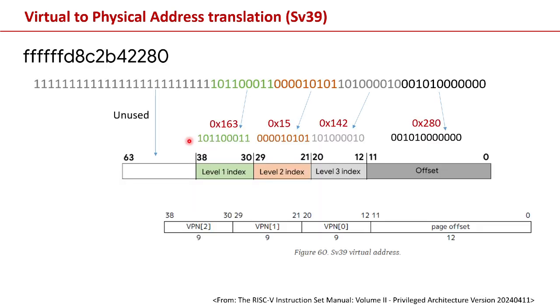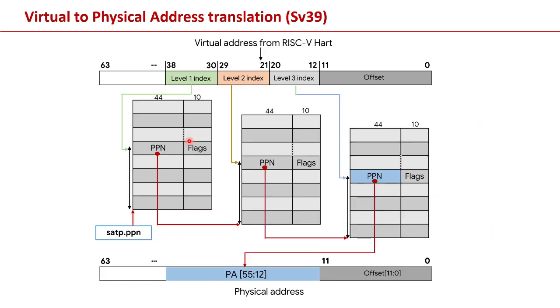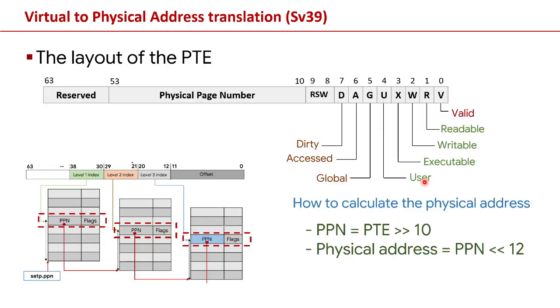So there are three important concepts discussed in this lecture. The first one is to identify how the page table is organized. As you can see, there are two types of page table. The first one is the non-leaf page table. This page table points to the next level page table. And the leaf page table contains the actual physical address information. Another important thing you need to understand is the data structure of the page table entry.